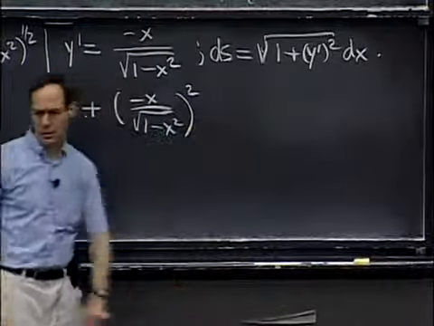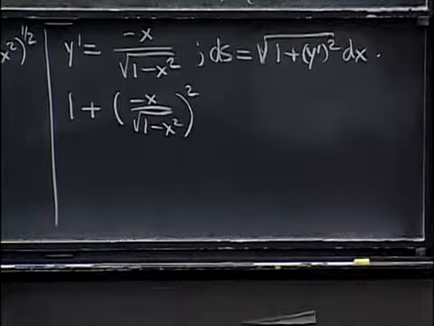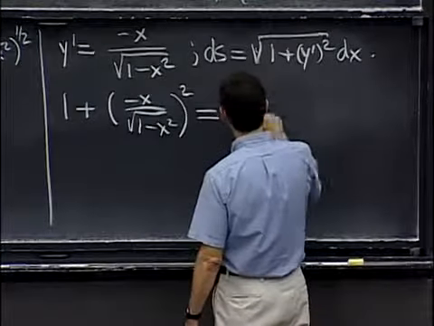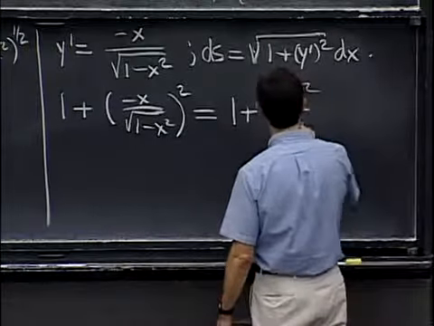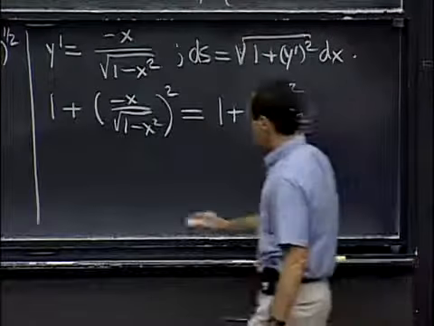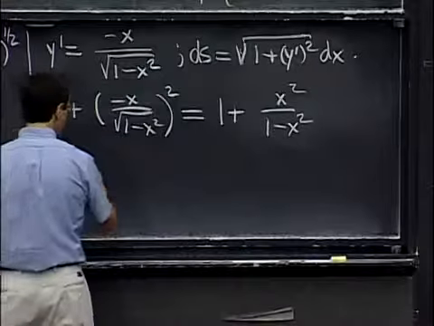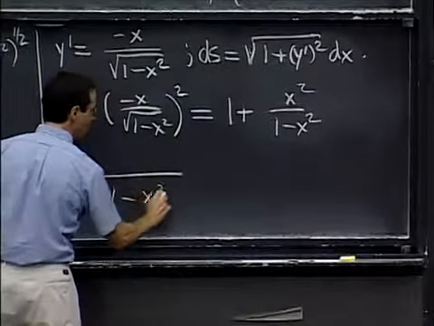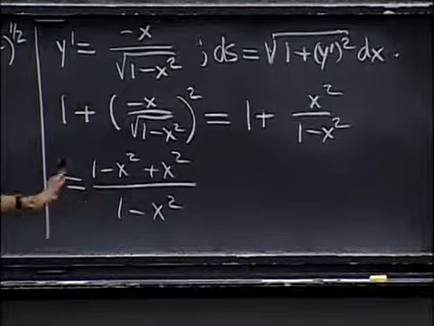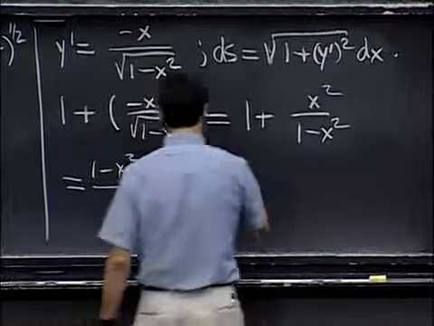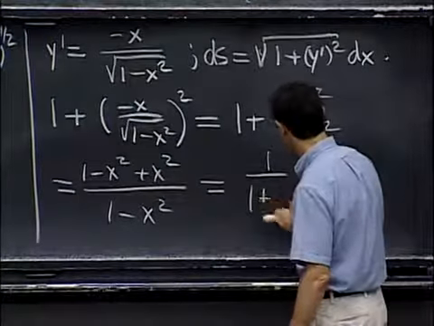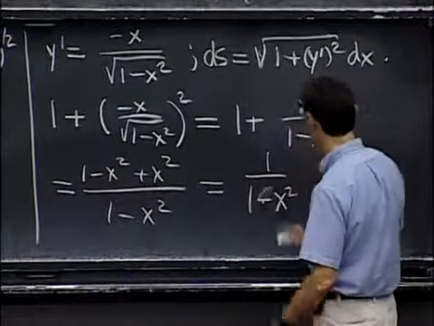So let's do that. This is 1 plus x squared over 1 minus x squared. Over a common denominator, that's 1 minus x squared plus x squared. The two x squareds cancel, and we get 1 over 1 minus x squared.